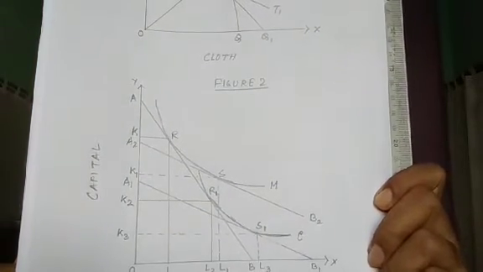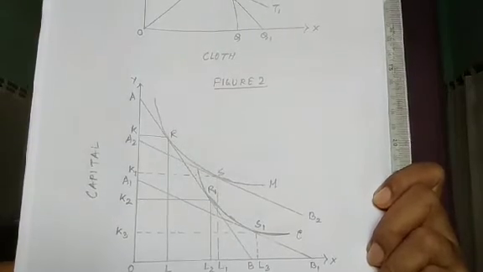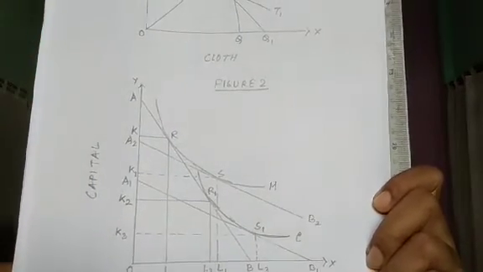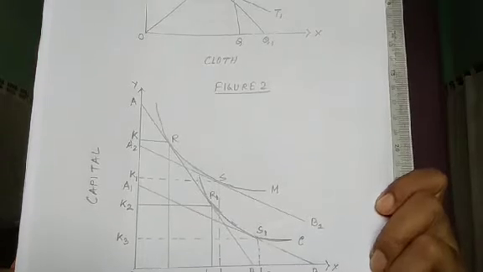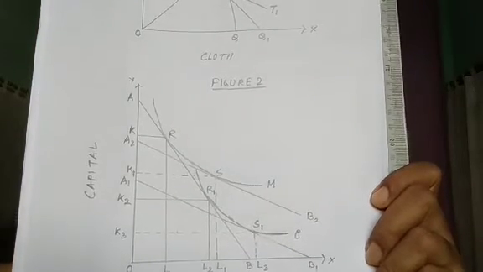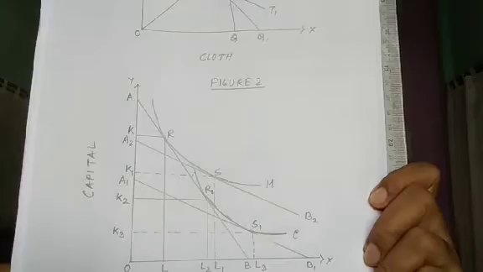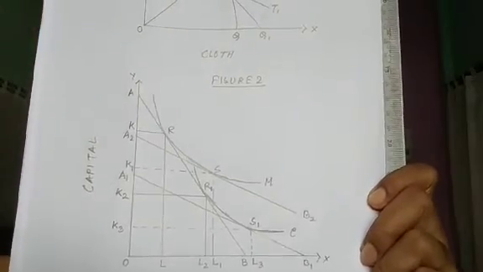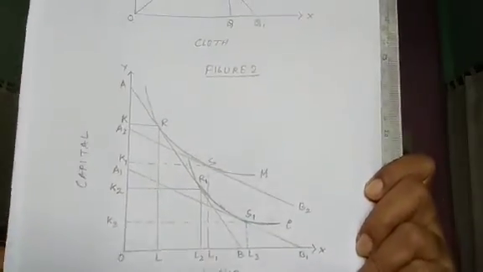So we need more capital for country A and less capital for country B. This means country A is capital abundant and machine is a capital intensive commodity. So country A will produce machine.